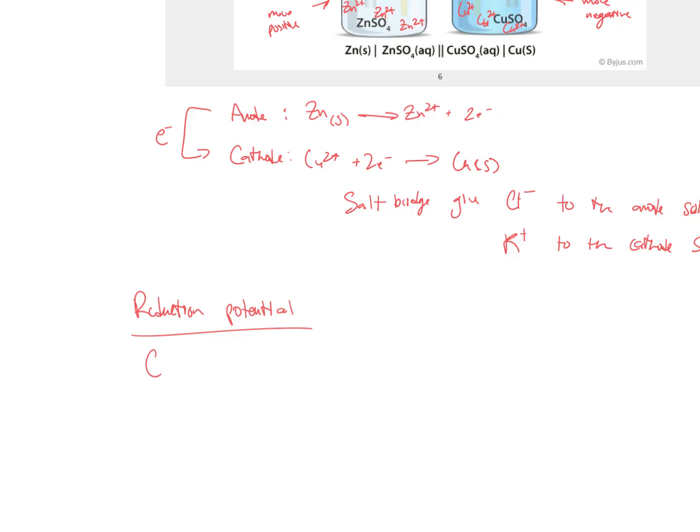But each reaction has its own reduction potential. For copper 2 plus, reacting with 2 electrons to make copper 0, this has a reduction potential of 0.34 volts. For zinc, this electrical potential is negative 0.76 volts.